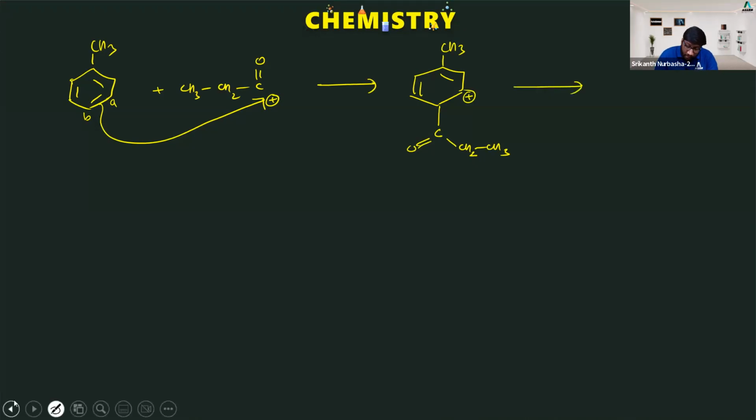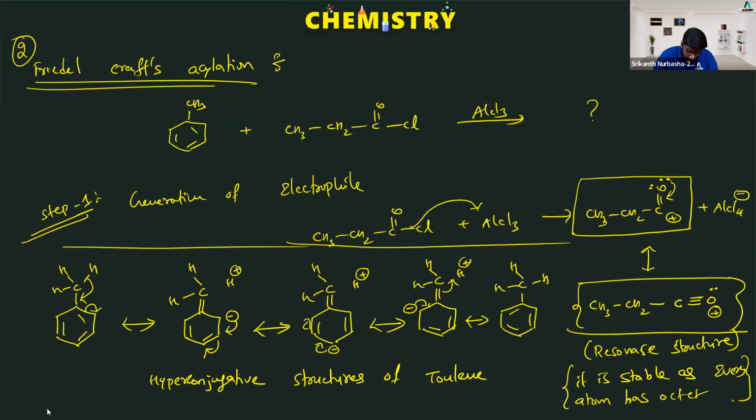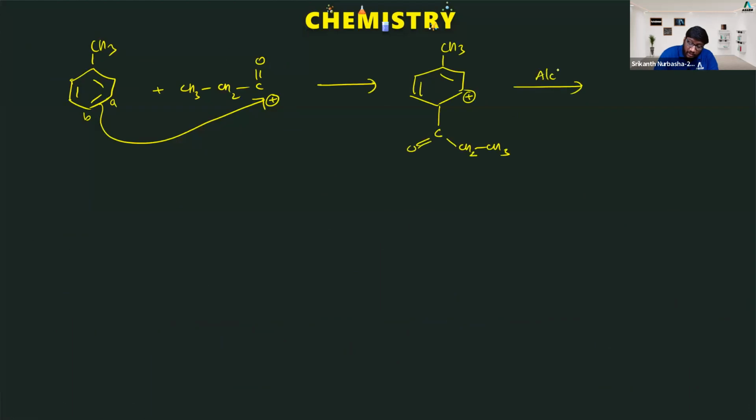And we also have AlCl4 minus in the reaction mixture. That AlCl4 minus can easily pick up the proton present here, and the CH electron density can come in, because it is stabilized by resonance. This structure is nothing but Wieland complex.